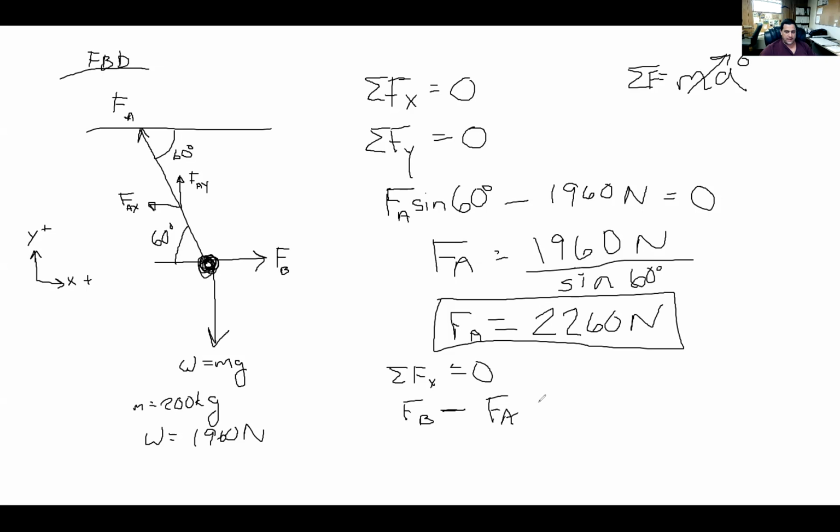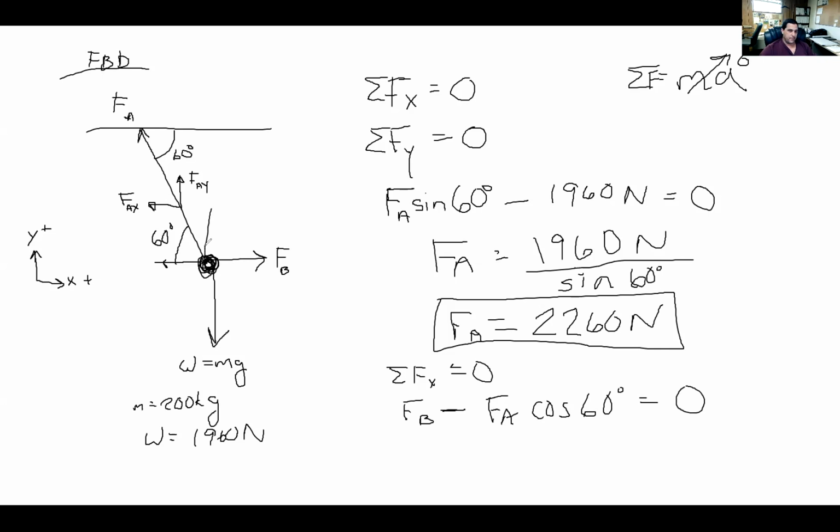So this is going to be FA cosine, because cosine is adjacent, sine is opposite. Cosine 60 degrees. And that's going to be equal to 0.